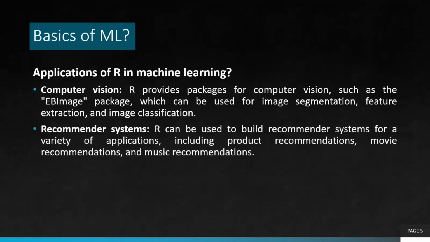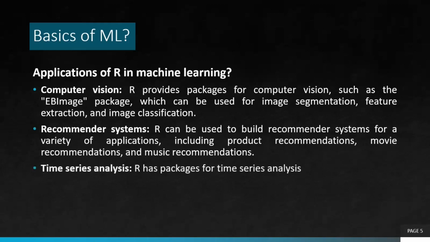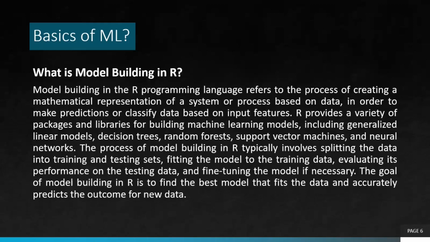Then we have recommender systems. R can be used to build recommender systems for a variety of applications, including product recommendations, movie recommendations, and music recommendations. Then we have time series analysis. R also has packages for time series analysis.